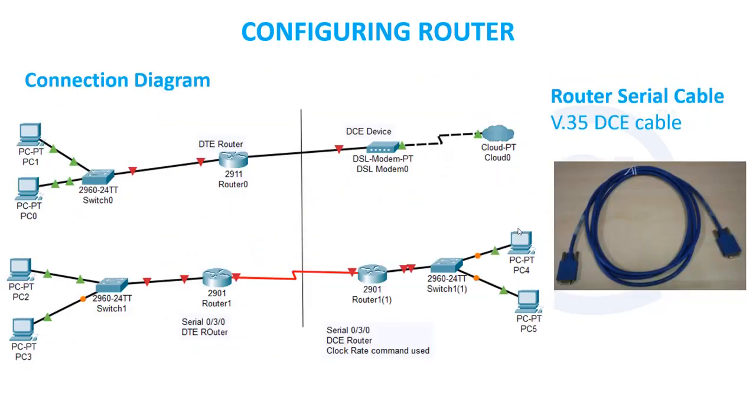This is a simple diagram. The top one shows a DCE device from the service provider, a DSL modem connected to the internet. On the other side are our company router, a switch, and the desktops. The second diagram is the lab setup, where I connect the routers back to back, along with the switches and the testing machine, so I can see the real scenario when something goes wrong.